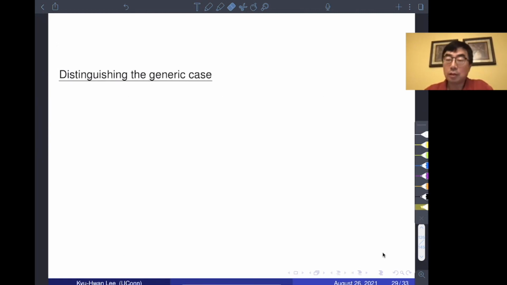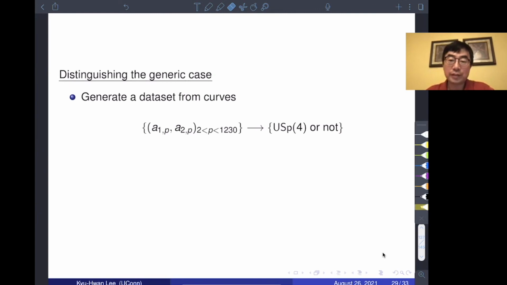So first, we consider the generic case versus the non-generic case. So these are from curves. We are having two coefficients from a curve for each prime, and the prime is up to this number. So I think we got 200 primes.